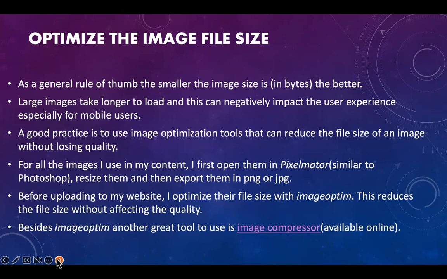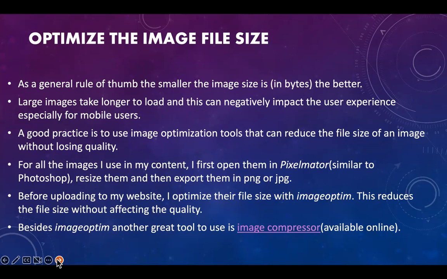So optimize the image file size. After you've changed the name to a more relevant name, the next thing is the size of the file. As a general rule of thumb, the smaller the image is in bytes, the better, because smaller images load faster. Large images take longer to load and it can negatively impact the user experience, especially for mobile users. So a good practice is to use image optimization tools that can reduce the file size of an image without losing the quality.